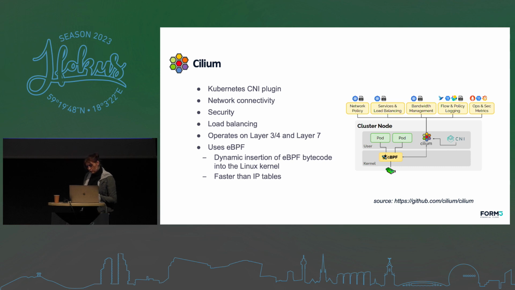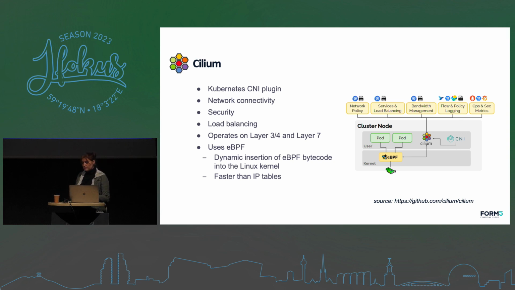Moreover, Cilium advertises itself as using eBPF, the dynamic insertion of eBPF code into the Linux kernel, and it's supposed to be much, much faster than using, for example, iptables.